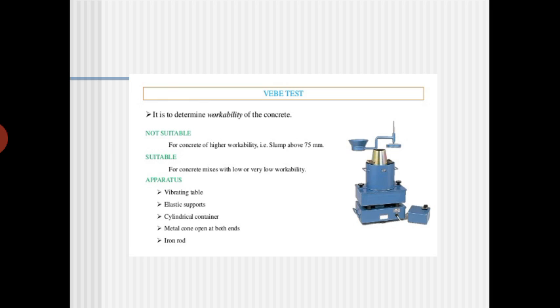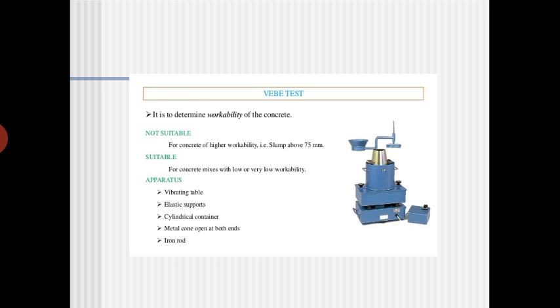I already said that your metal cone is opened at both ends. Then slowly lift that cone vertically. Once you lift the cone vertically, you should see that whatever concrete is inside that cone should keep the shape of the cone.